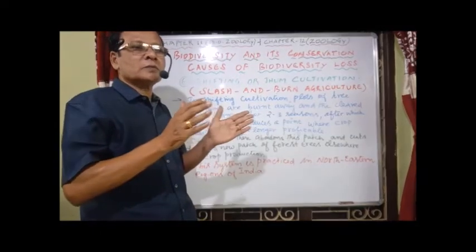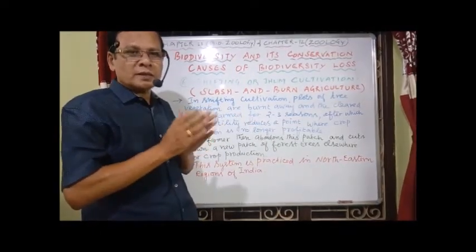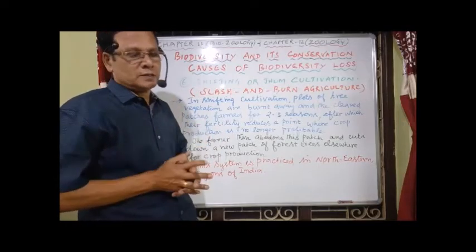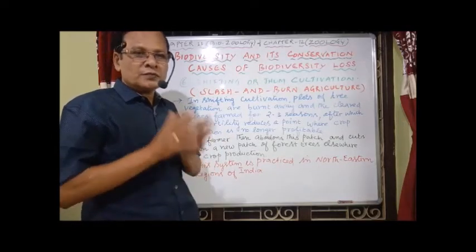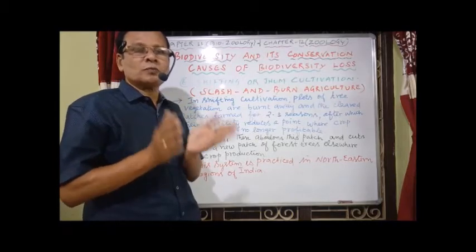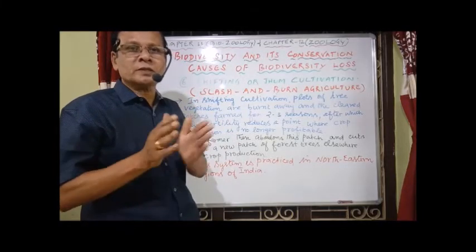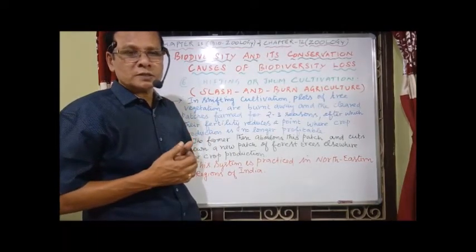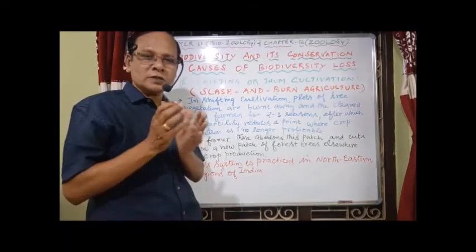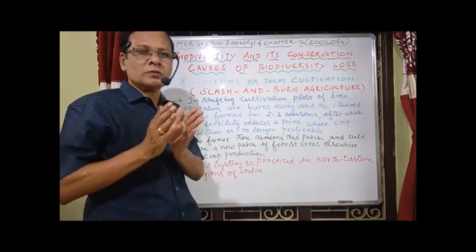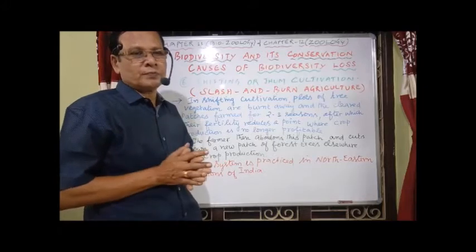Large areas are burned, cleared, and farmed for 2 to 3 seasons, until the fertility of the soil is reduced, after which crop production is not profitable in these areas.